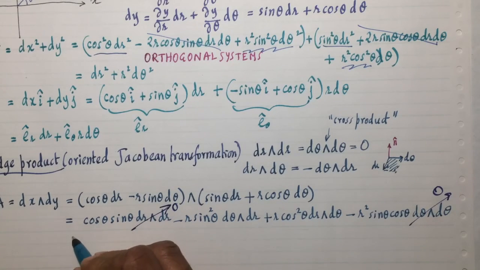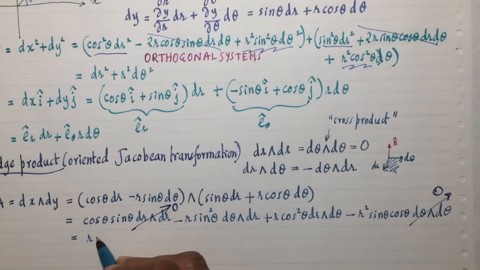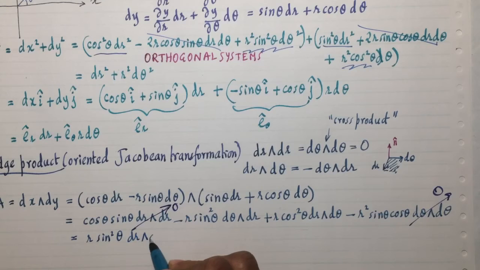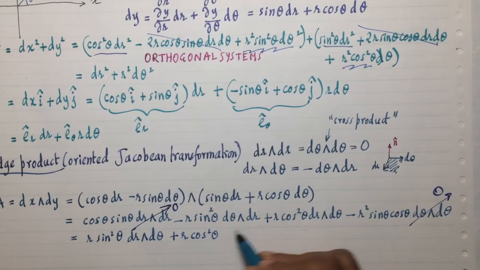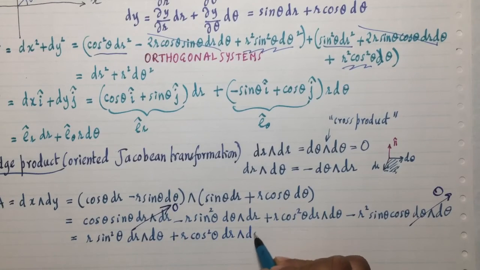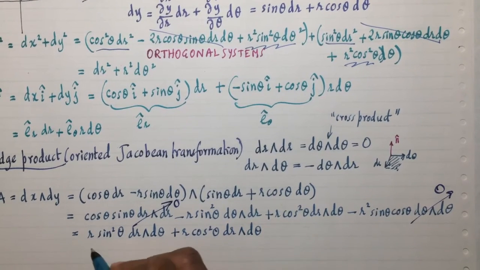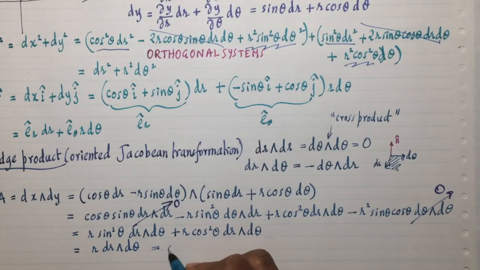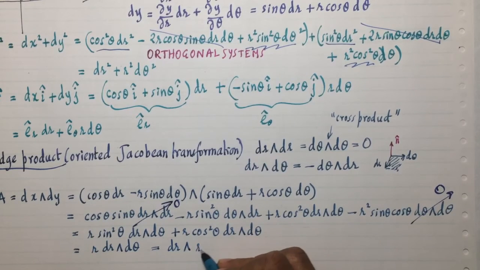So I'm going to get r sine squared theta dr wedge d theta plus r cosine squared theta dr wedge d theta, and then cosine squared plus sine squared is equal to 1, and we end up with r dr d theta. You can write this as dr wedge r d theta.